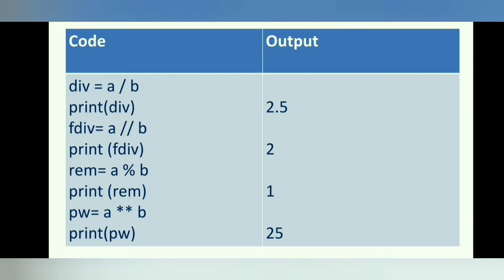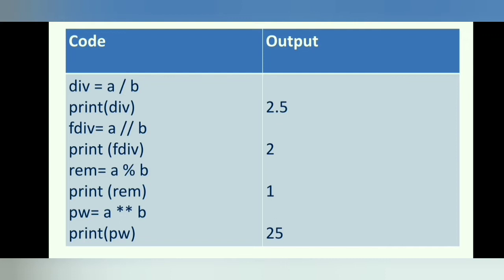A floor division b is assigned to fdiv, print fdiv, the output will be 2. The floor division operator returns the closest integer value that is less than or equal to a specified value. So, 5 floor division 2 will produce integer value 2. Similarly, minus 5 floor division 2 will produce the output integer value minus 3.